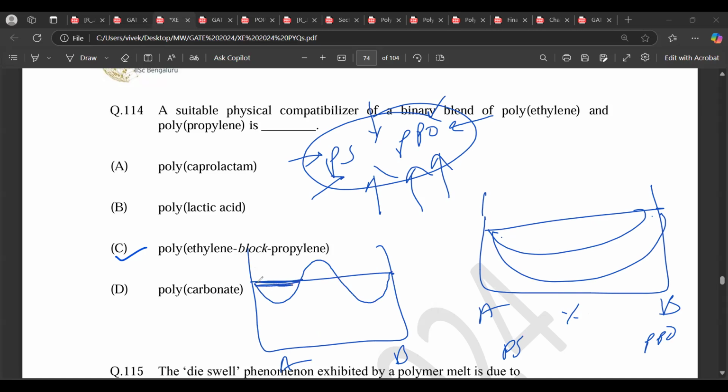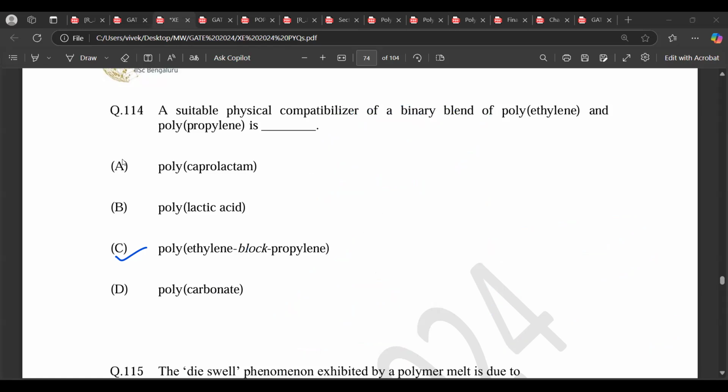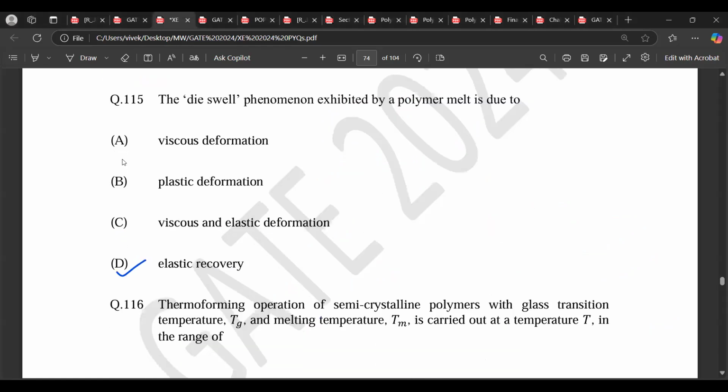They are miscible only in this range. This is the G curve, of course, and in this range G is positive. Most polymer blends are miscible only in a certain range, while PS and PPO is miscible in all ranges. All the questions are based on this. I've already given a lot of material in the test series, so please revise that, and that will be more than enough.